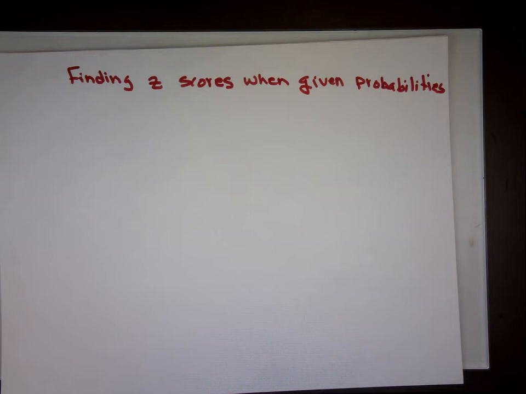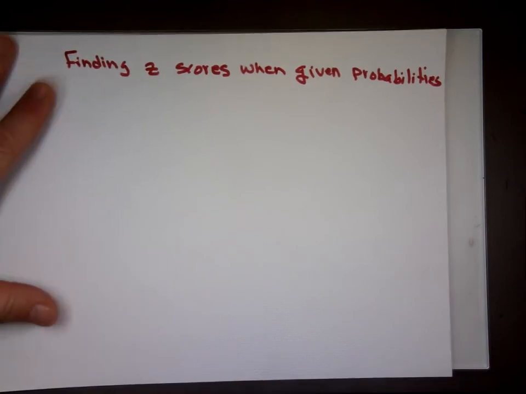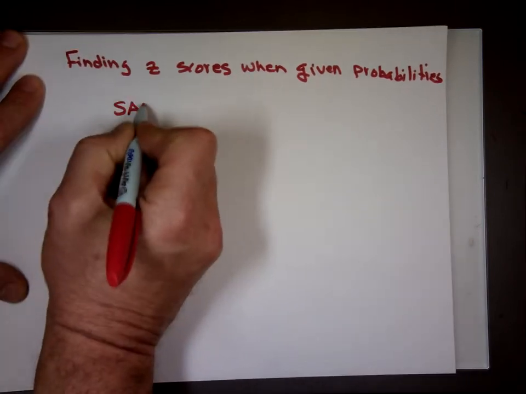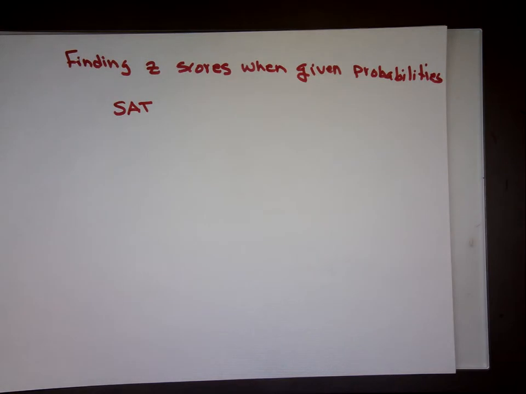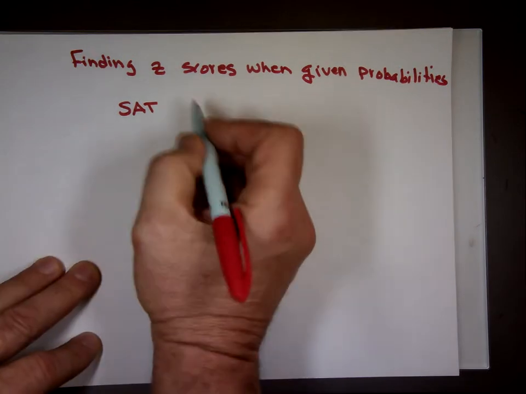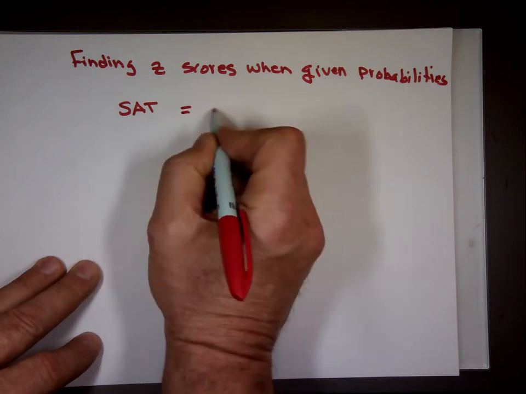I'll make an interesting problem here. SAT scores. The new SAT score is now out of 2,400. That's the highest: 800 for the math, 800 for the English, 800 for the writing. Let's say the average SAT score for a student in the Springfield area is 1,500: 500, 500, and 500.